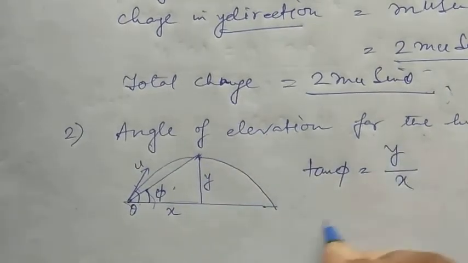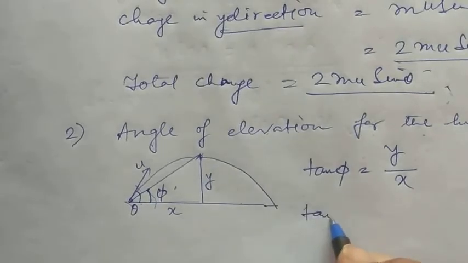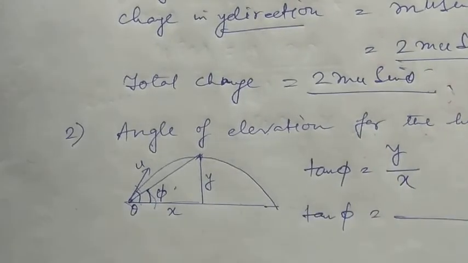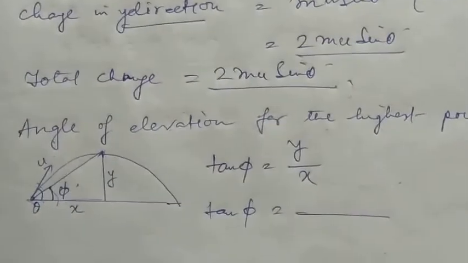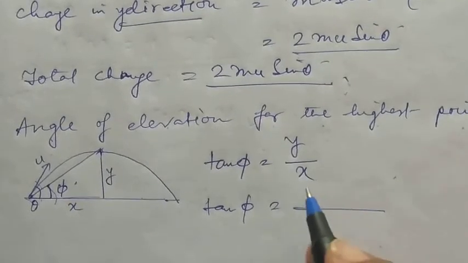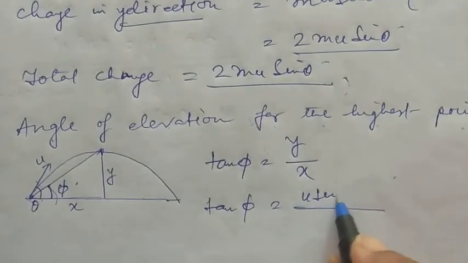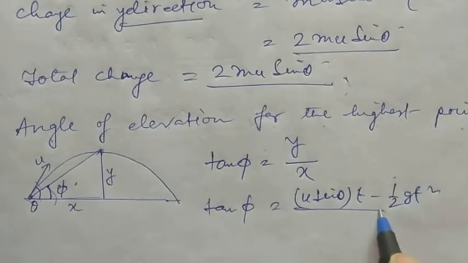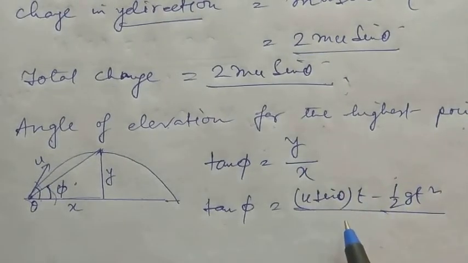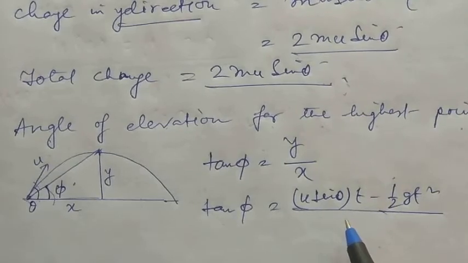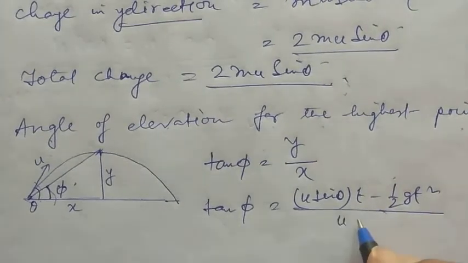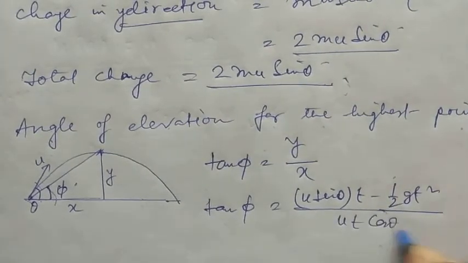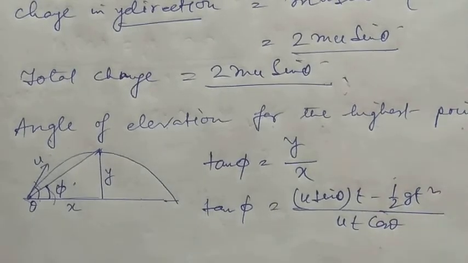So y by x. Now tan phi can be written as y, which was u sin theta into t minus half g t square along the y direction, and along the x direction it was u t cos theta, or u cos theta into t.